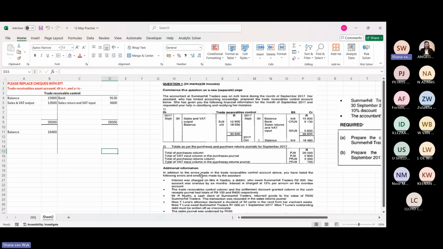In addition to the error made, you have listed the following errors made by the assistant. So account with overdue, I assume we should fix it in our control account. 100%, so fix it up. I'm just going to write it separately so we know which is which. So I'm just going to say Naidu.